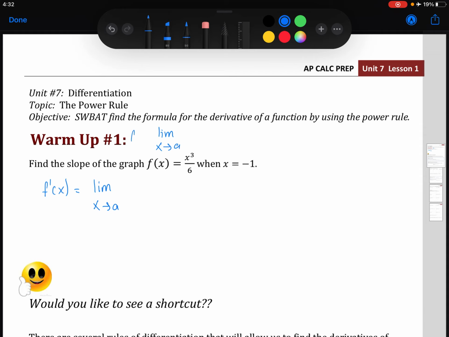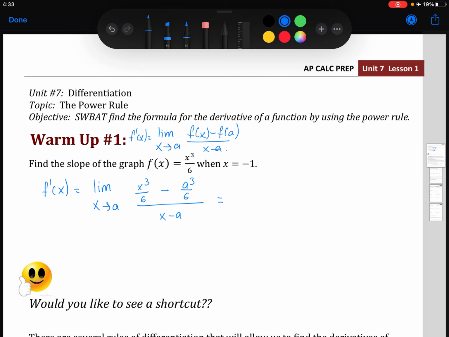Your slope or your f prime of x is this. It's f of x minus f of a over x minus a. So f of x is x cubed over 6 minus a cubed over 6 over x minus a. So if I simplify this, what do I get? I can factor out the 1/6, right?